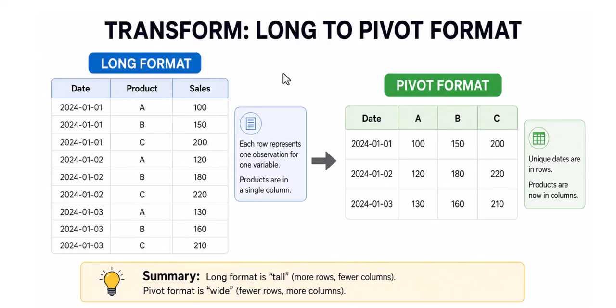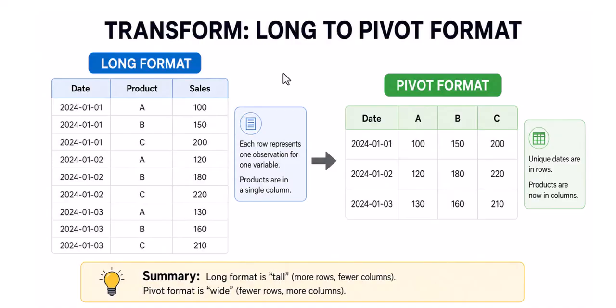But before we write any code, let's quickly understand the idea. Imagine this is your sales data set and each row represents one observation for one variable. For example, on 2024-01-01, 3 products have been sold and these are the sales values.